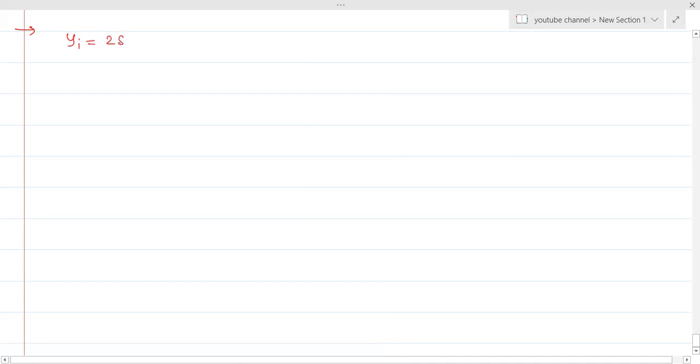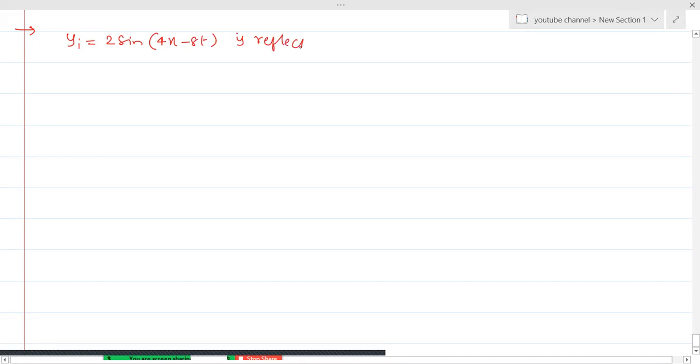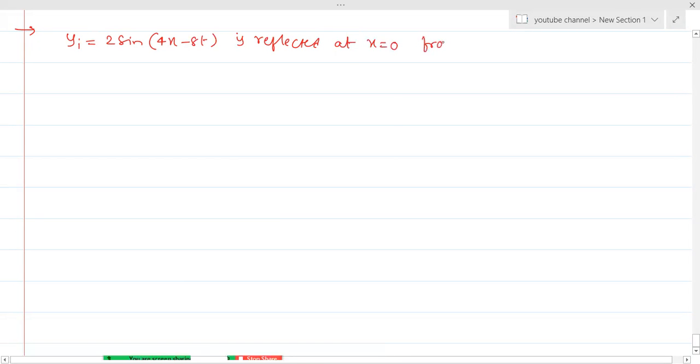Suppose we will take up a problem. Suppose the incident wave is y equal to 2 sine of 4x minus 8, reflected at x equal to 0.